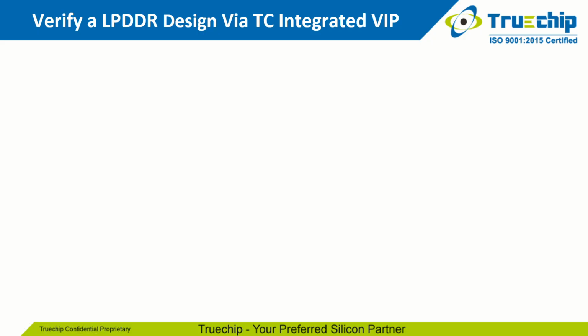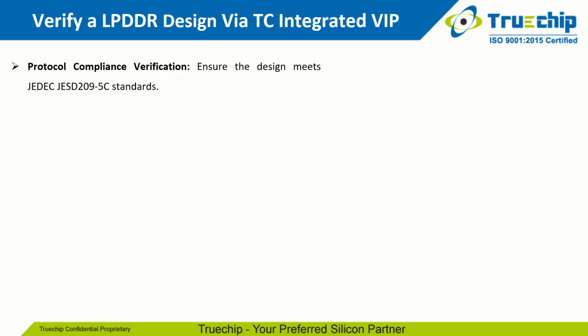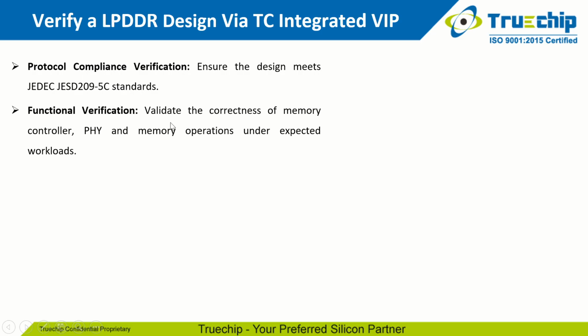Let's talk about how to verify a design via Truechip integrated VIP. Protocol compliance verification. It ensures the DUT design meets JEDEC standards. Functional verification. Validate the correctness of memory controller, PHY, and memory operations under expected workloads.